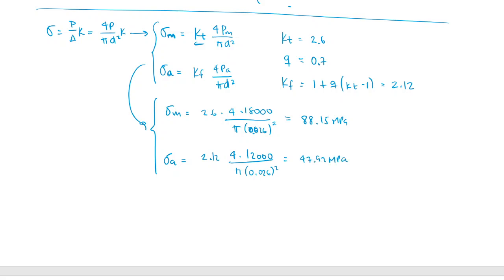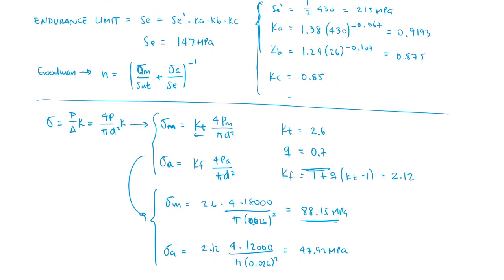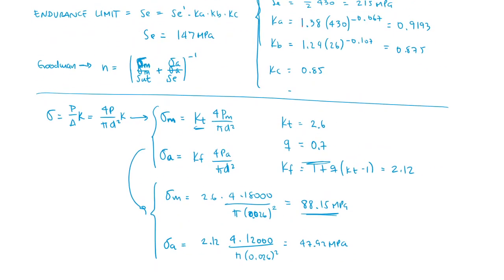And that's it, because these are the two values that I was missing here, sigma m and sigma a. So I put those there.